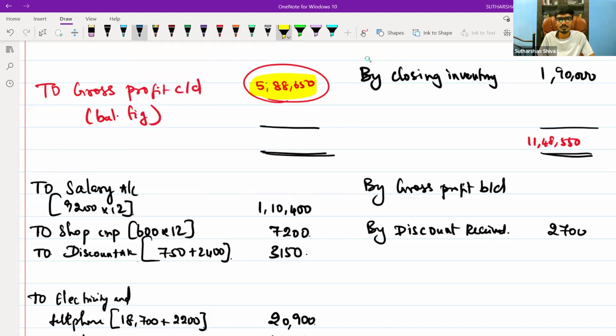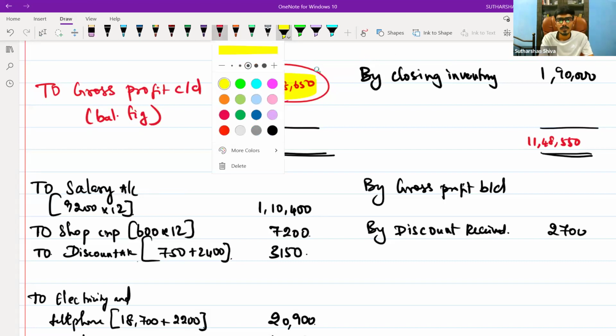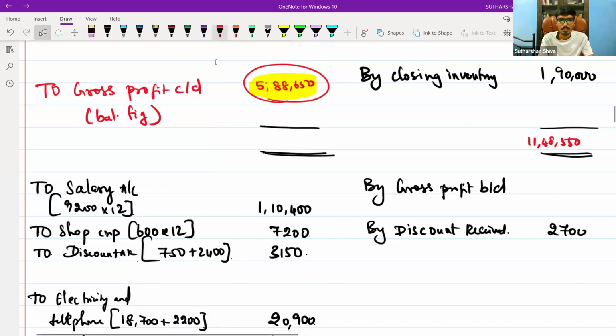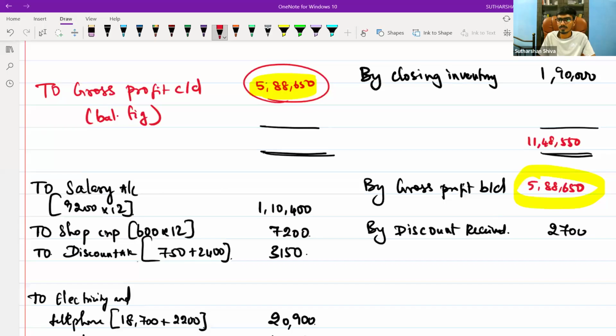Just a minute, my OneNote is not working properly. Give the value, write down the value over there. Stay back in the meeting. Now I have written, it is resolved. 5,88,650.